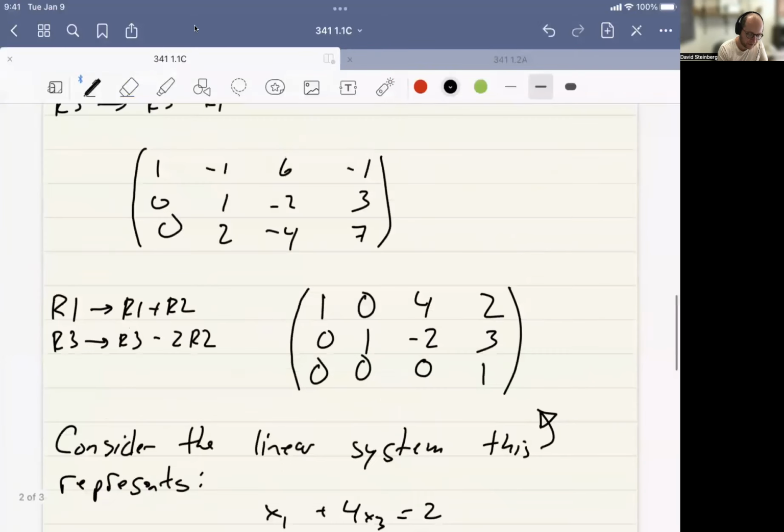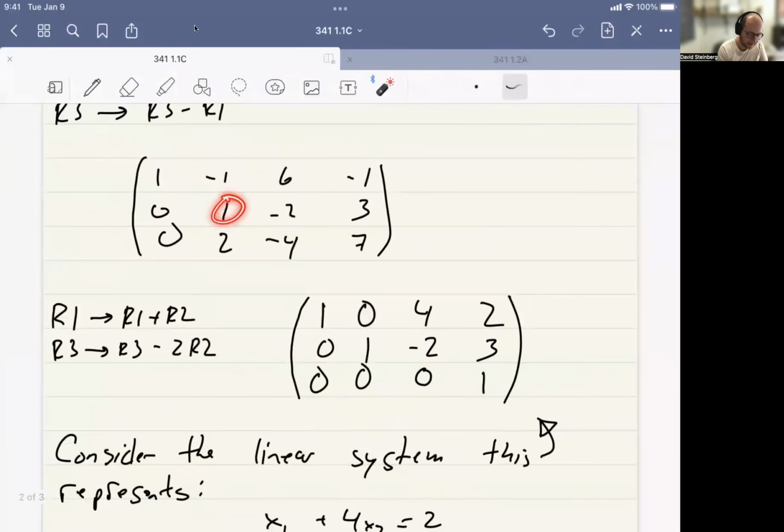So again, here we're in trouble because we've got a leading entry and something non-zero below it, whereas this is perfect. We've got our leading entries cascading from top left to bottom right, and all zeros beneath them.